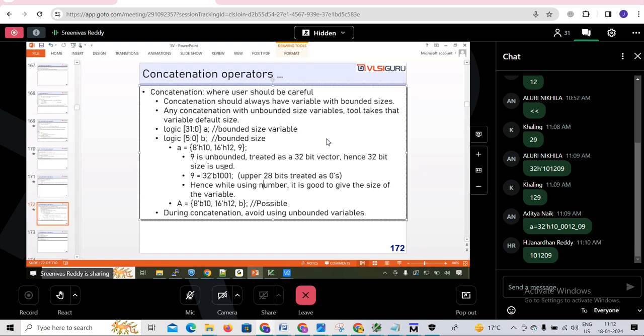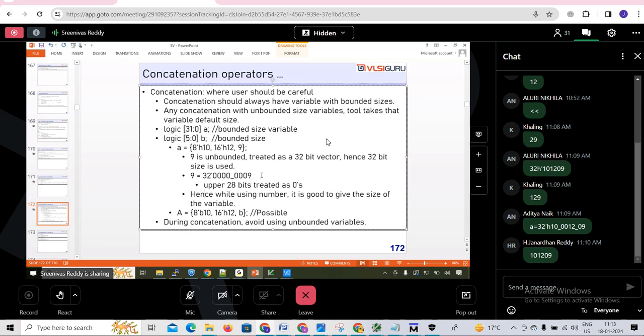Hence, 32 size is used. So the answer will be this much. Actually, I can even write this. Upper 28 bits are treated as zeros. Hence, while using a number, it is good to give the size of the variable.